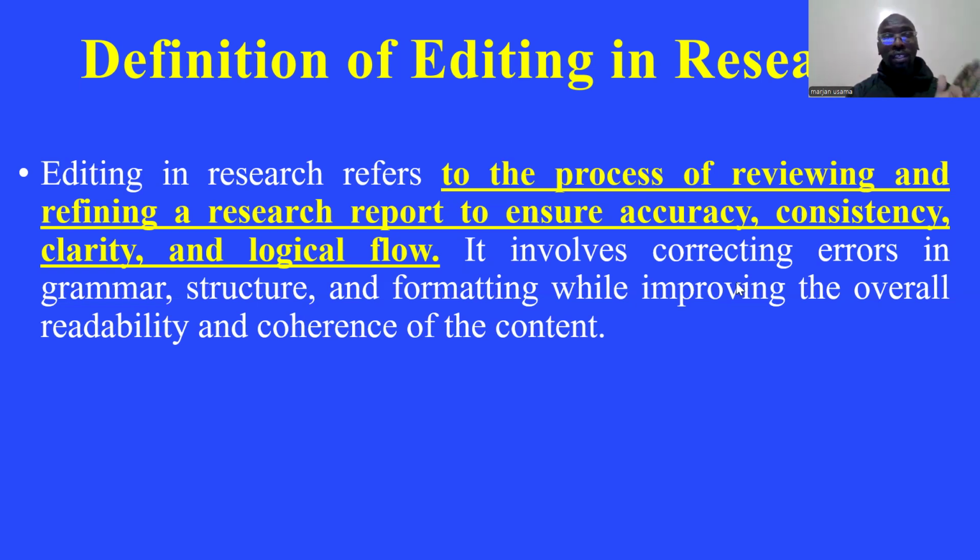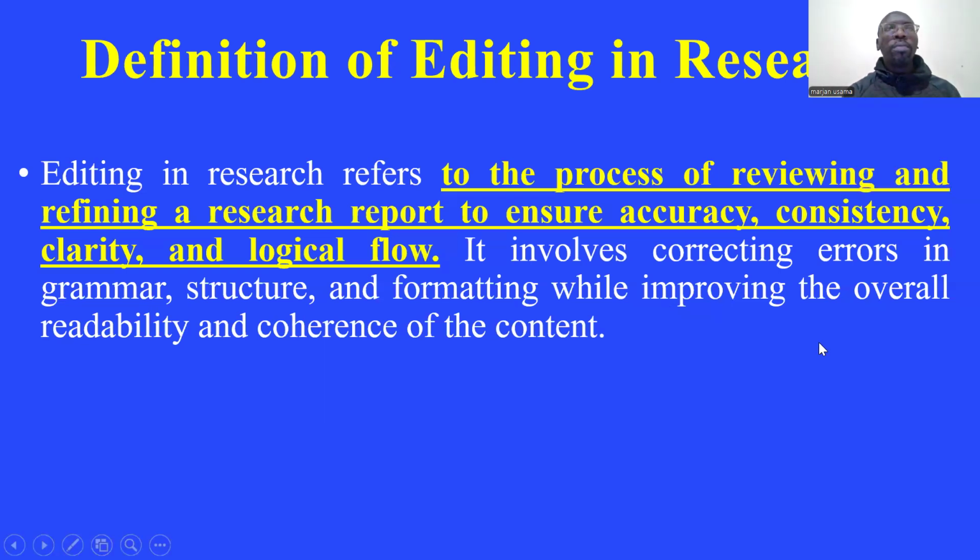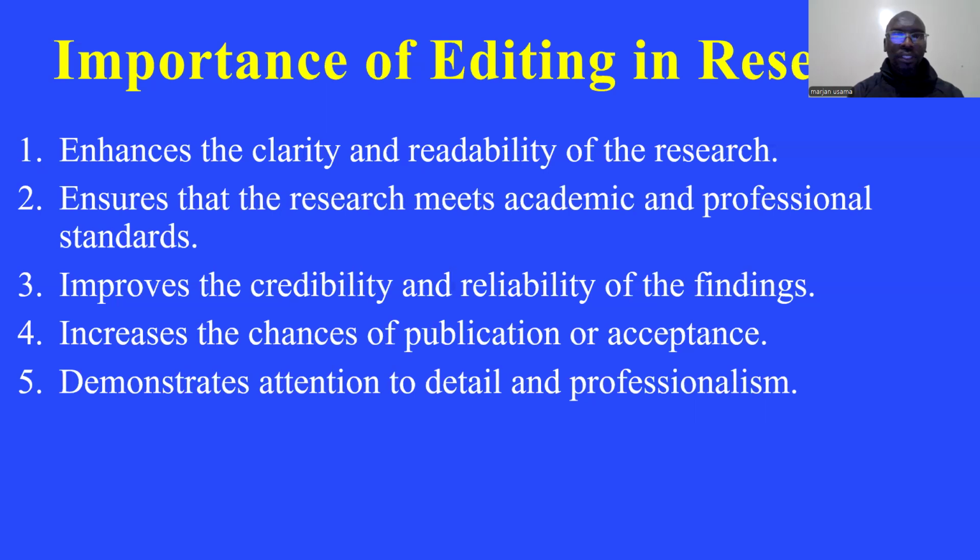You have to ensure that you are using size 12. Then lastly, you have to ensure that there is the logical flow. When you're talking about logical flow, we mean that there should be a tasalsul in your research.